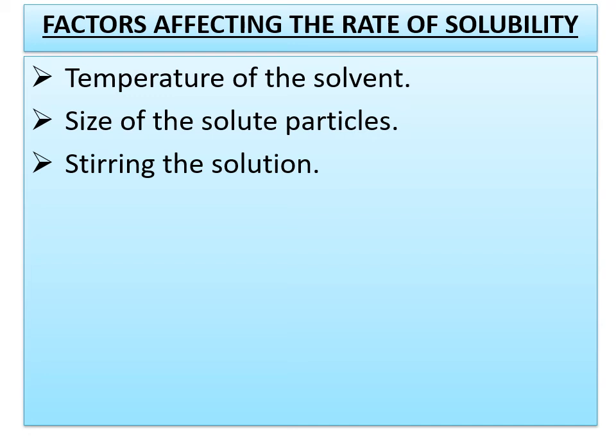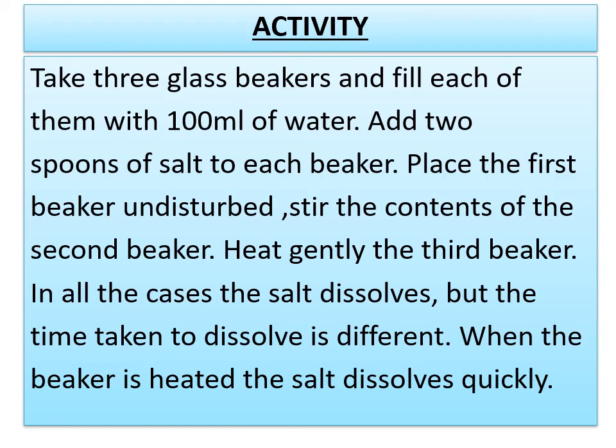Now coming to the factors affecting the rate of solubility. The first ones are the temperature of the solvent, the size of the solute particles, and stirring the solution. So coming to the activity, children, listen carefully. Take 3 glass beakers or glass tumblers, whatever is available in your house, and you can do the activity at home.